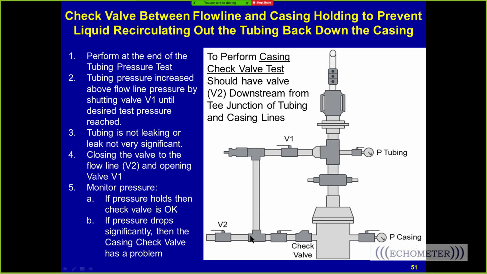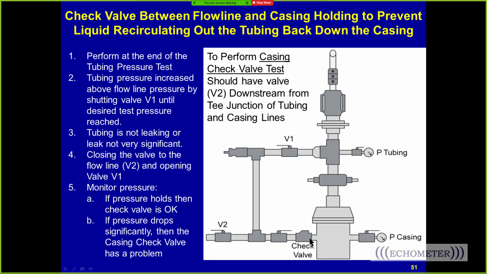Here's a valve that we can close that can make the pressure increase on this valve, or if this valve were open, on the check valve, on the back pressure valve. So we have three valves that we can open and close, and we can check the tubing, the back pressure valve, and also the check valve, to make sure that the liquid coming up the tubing isn't going back down the casing through a bad check.